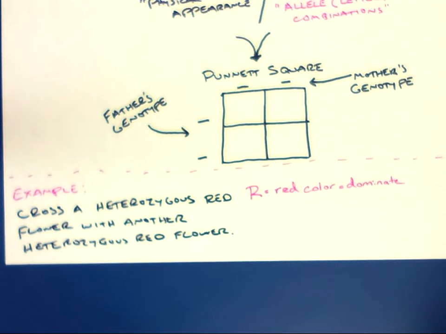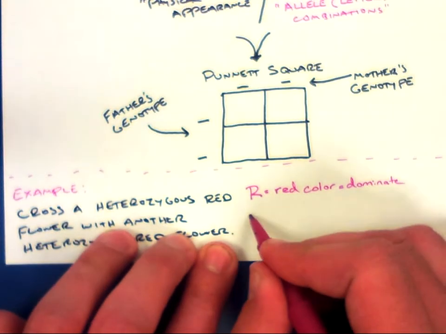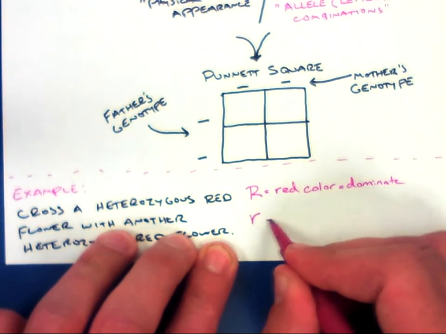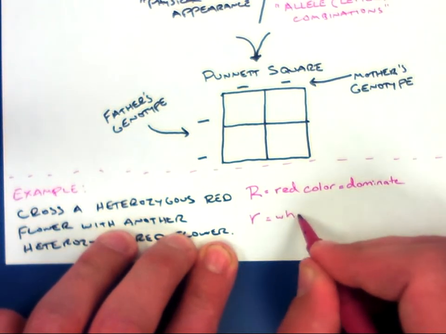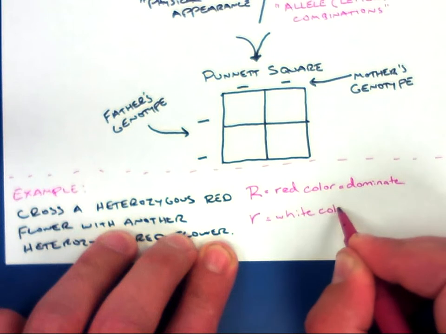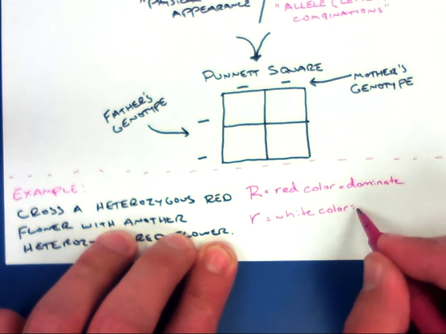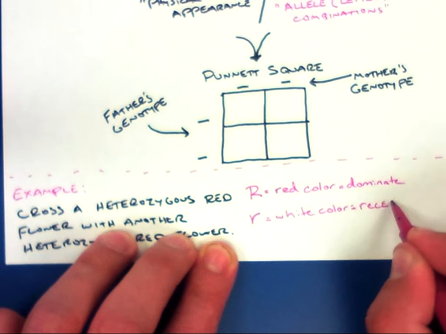So a capital R, because capital letters show dominant traits, and we're going to say in this situation of the flowers that red is the dominant trait. And a lowercase r is white color, which if it's lowercase, it's then what? Recessive.